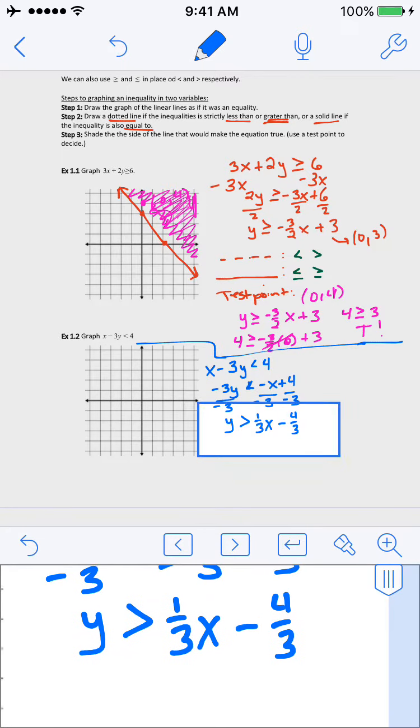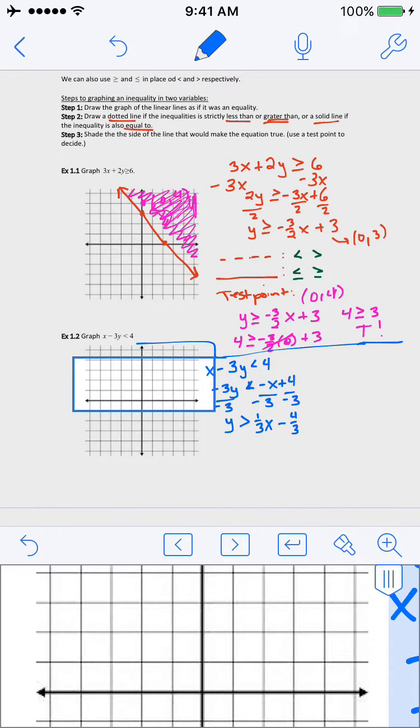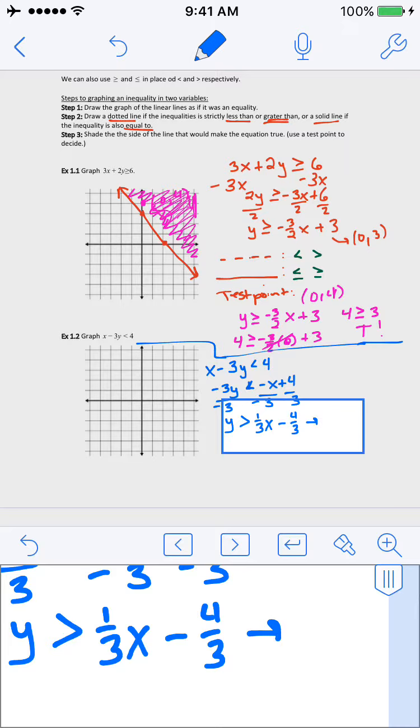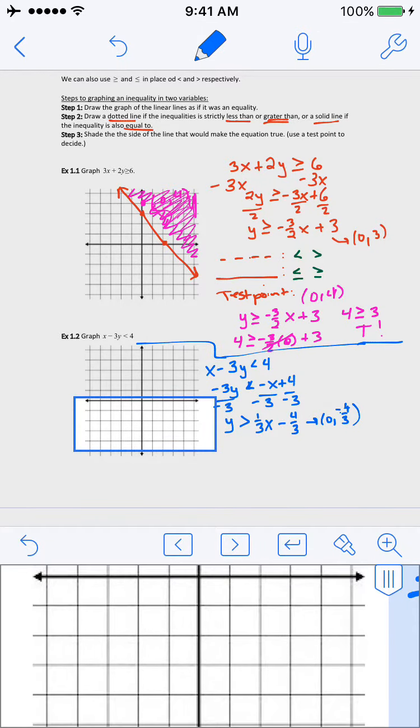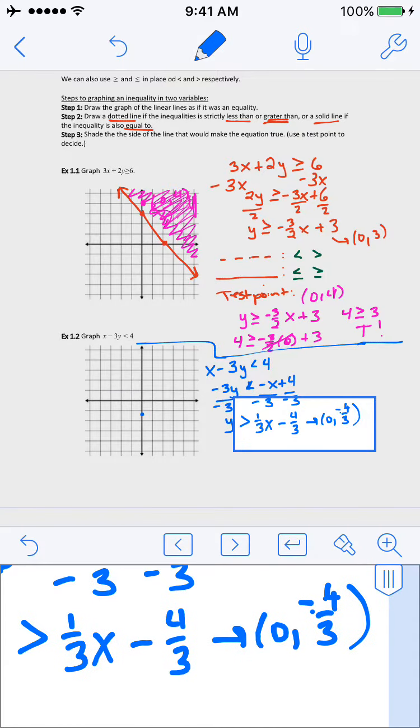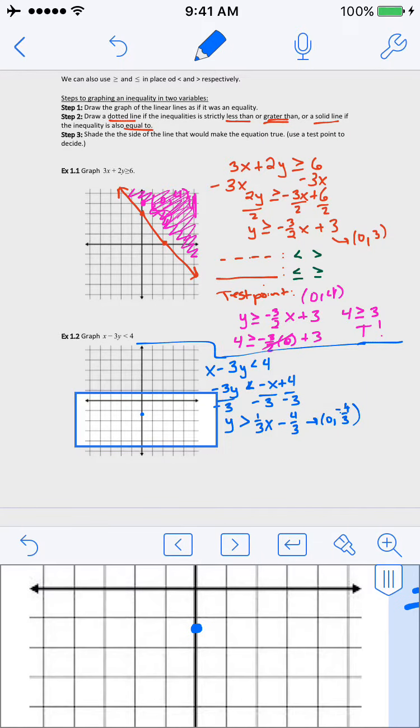All right, so we'll start by graphing it like it's equal. We'll go over here and go up to our y-intercept. This tells us our y-intercept is 0, comma, negative 4/3. And so it goes down one whole thing and then about a third more. All right, so that's our y-intercept. And then we'll go up 1 and over 3.